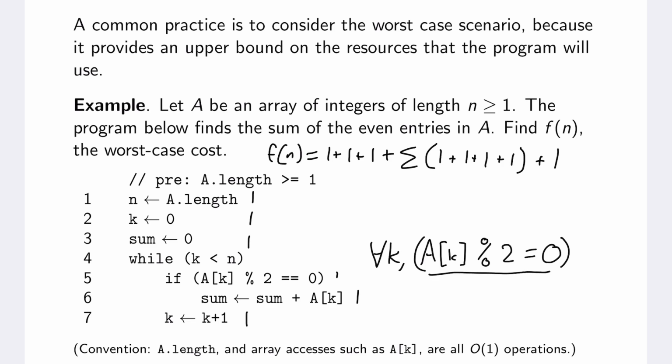So hopefully you recognize this from previous exercises you've done in other classes. The remainder of a number divided by 2 being 0 is a nice way to say that it's even. It's how you're not allowed to say it on the first question of the assignment. So we could say a k is even for all k.